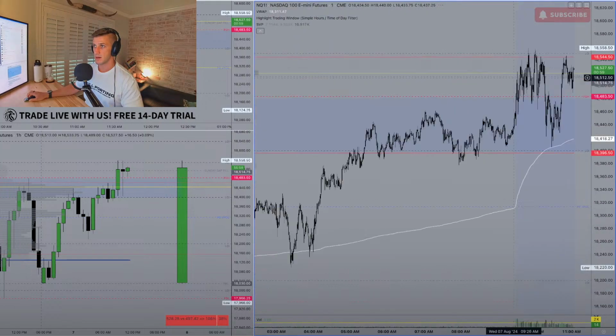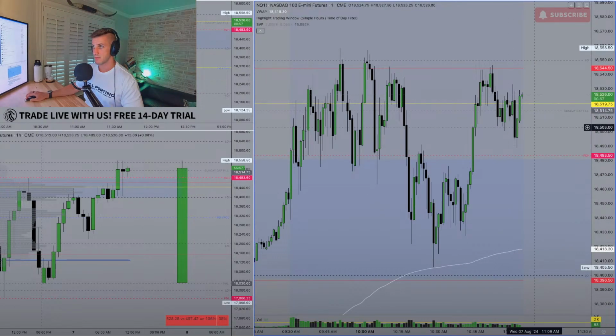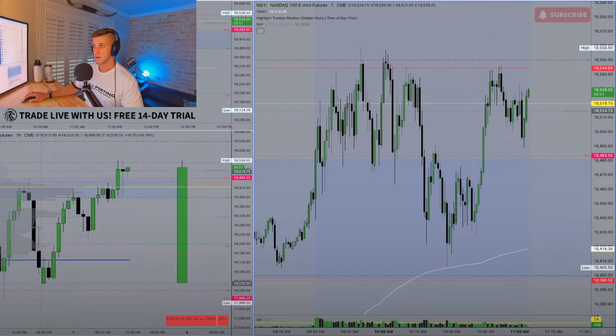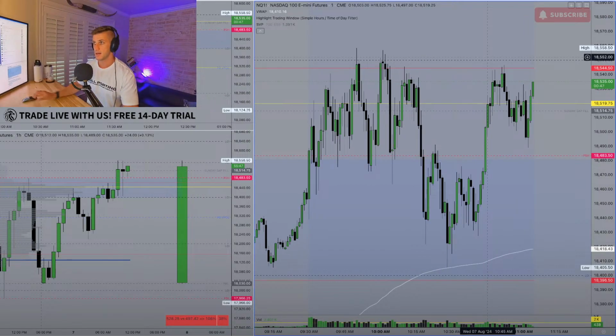So there was one of the scenarios we just discussed like 2 minutes ago. Retest the prior day high and hold. Very nice. Now let's see how the 550 is going to be treated here. Also interesting.